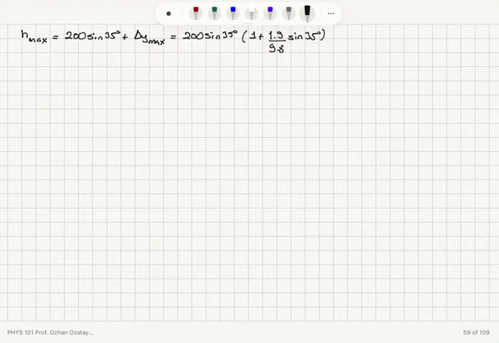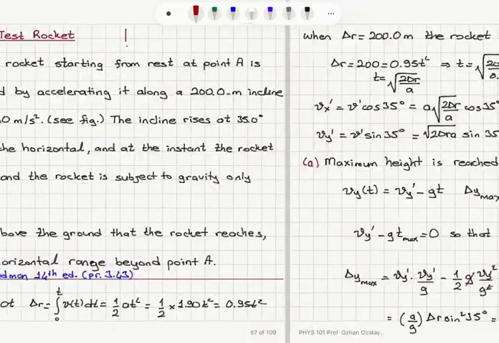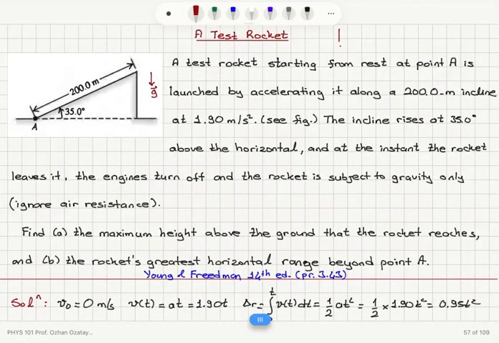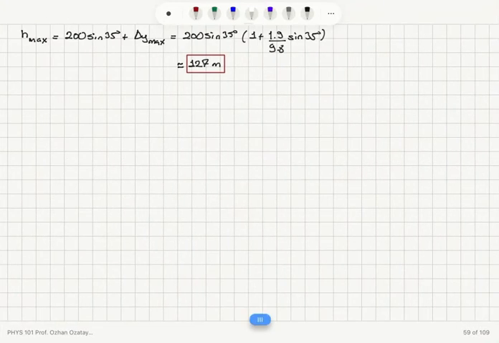If I take this into 200 sine 35 parentheses, the answer is 127 meters. By keeping the smallest number of significant figures here, which was 3, I keep 3 significant figures, 127 meters.